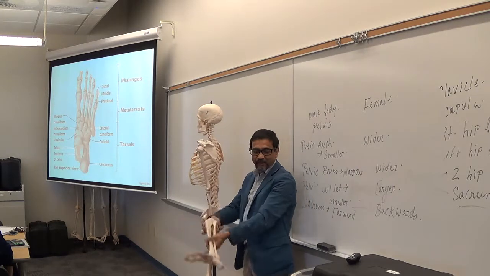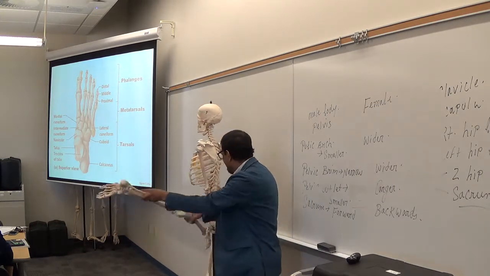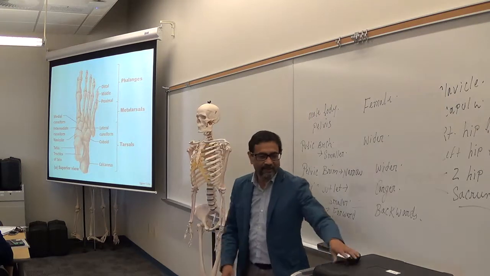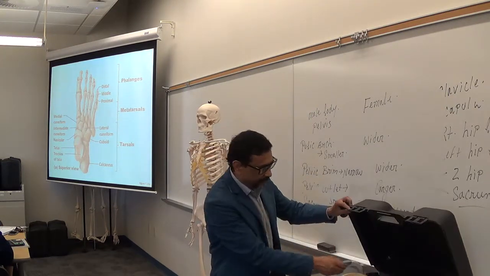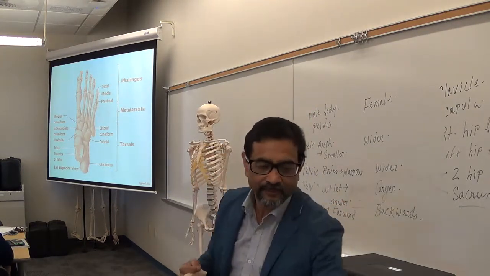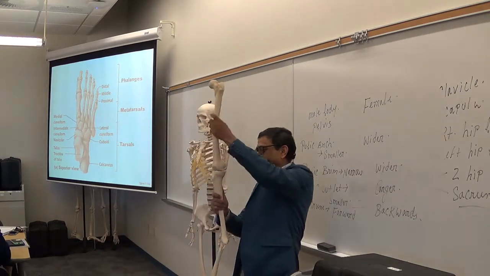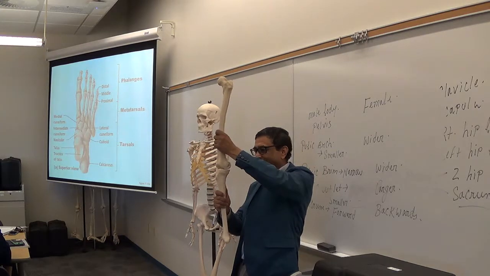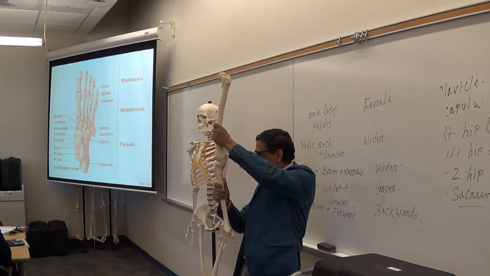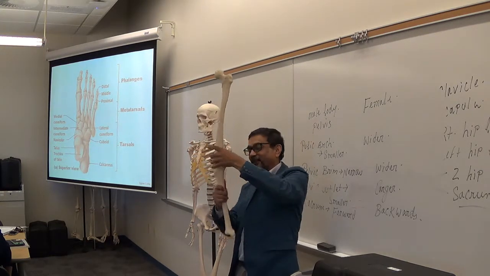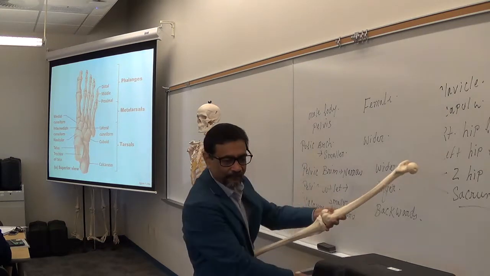And the tibia, you must remember, a few minutes ago I mentioned that, you remember? This is the femur, right? So from the femur, the weight should go to the tibia. The fibula is attached here, you see.